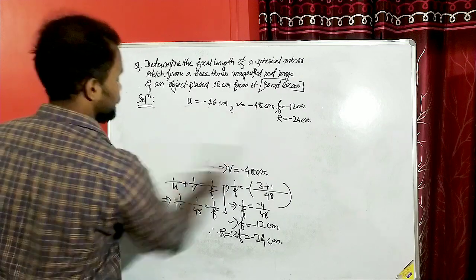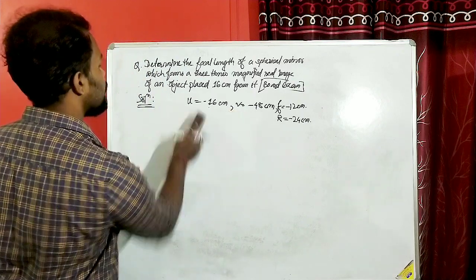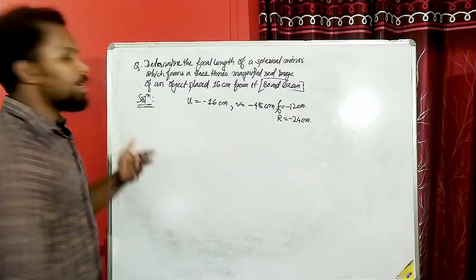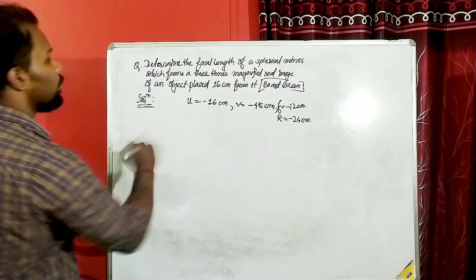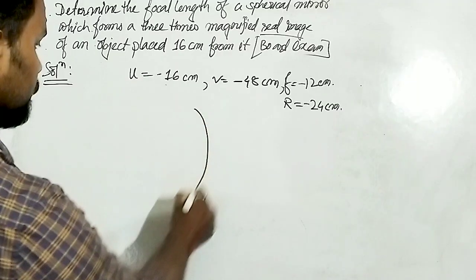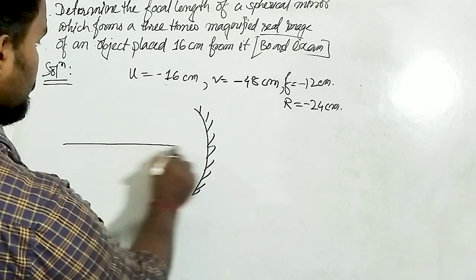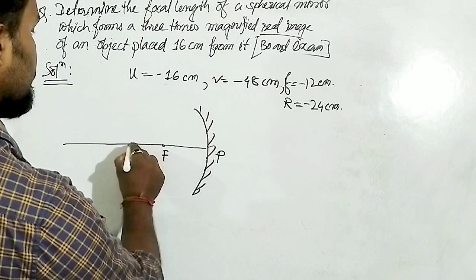In the figure we can determine whether the image is 3 times bigger or 2 times bigger, or understand it using the magnification formula. Now we will draw. Since it is a concave mirror, this is the principal axis, this is the pole, this is F, and this is the center.